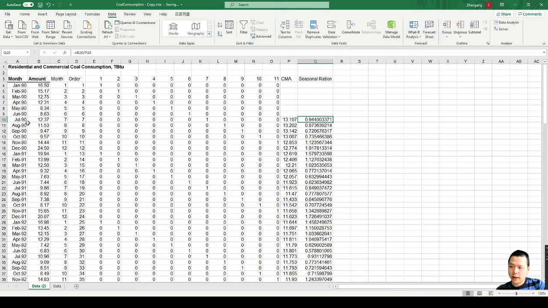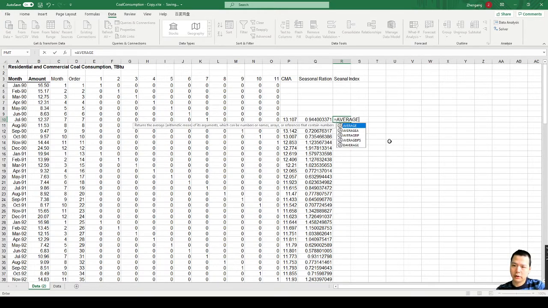What is July, during the whole period, relative to the whole year? So the seasonal index is the average, using AVERAGEIF.